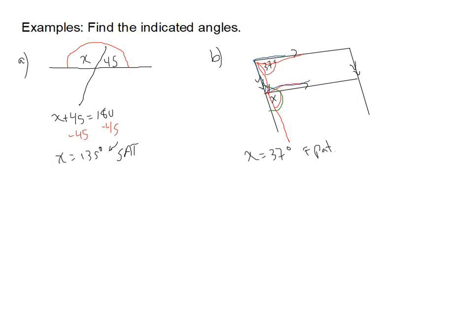Because it's a C pattern, we know that x plus 37 has to equal 180. Then we can solve that equation by subtracting 37 from both sides. When we do that, we get x on the left. 37 minus 37 is nothing, and then 180 minus 37 gives us 143.